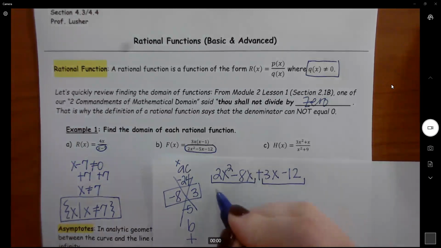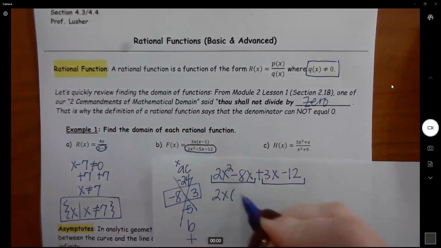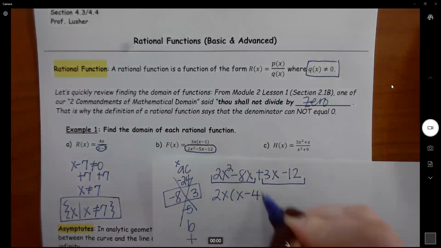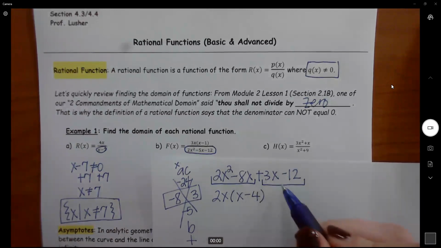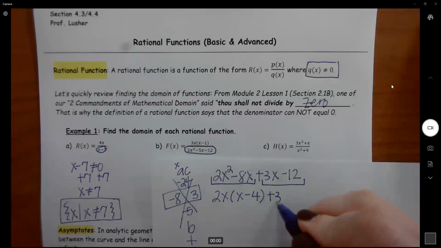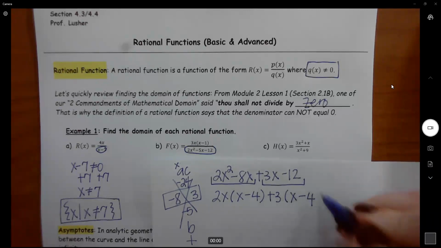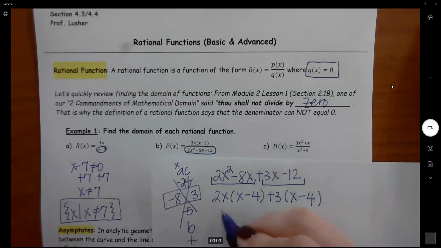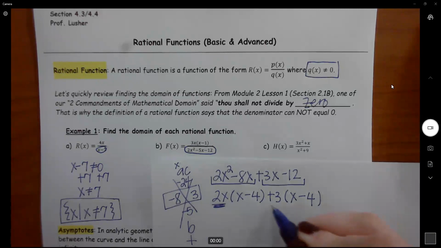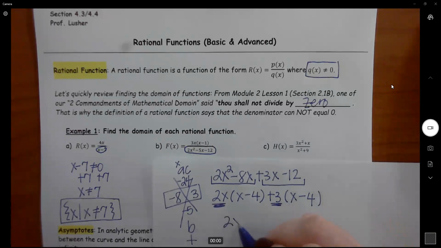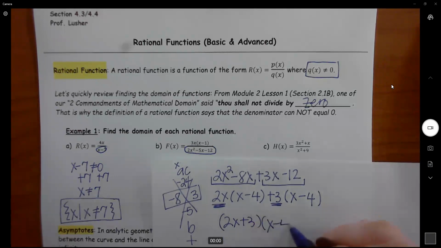In my first set, I have a GCF of 2, leaving x minus 4. In my second grouping, I have a GCF of 3, leaving x minus 4. So the factors are 2x plus 3 and x minus 4.